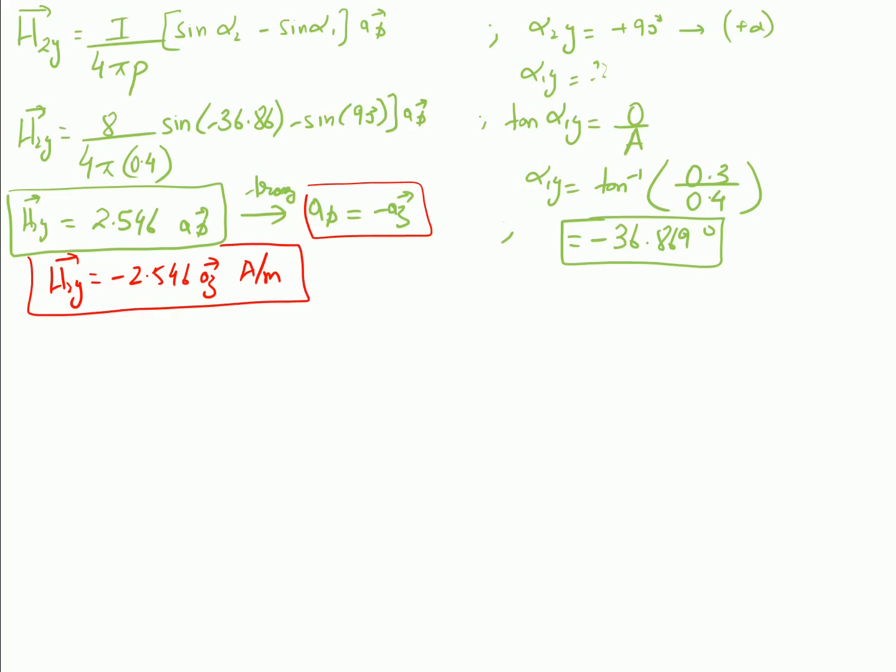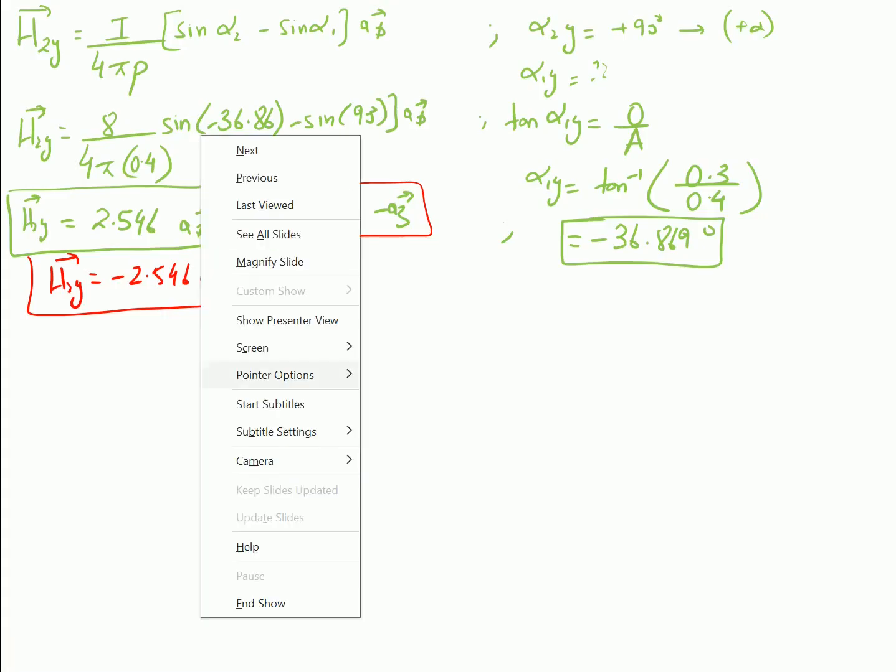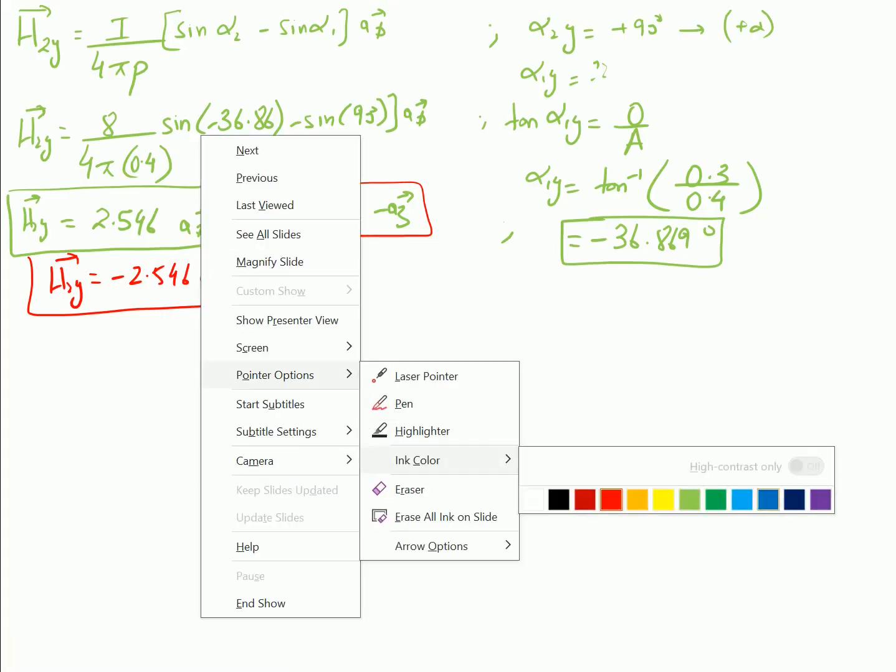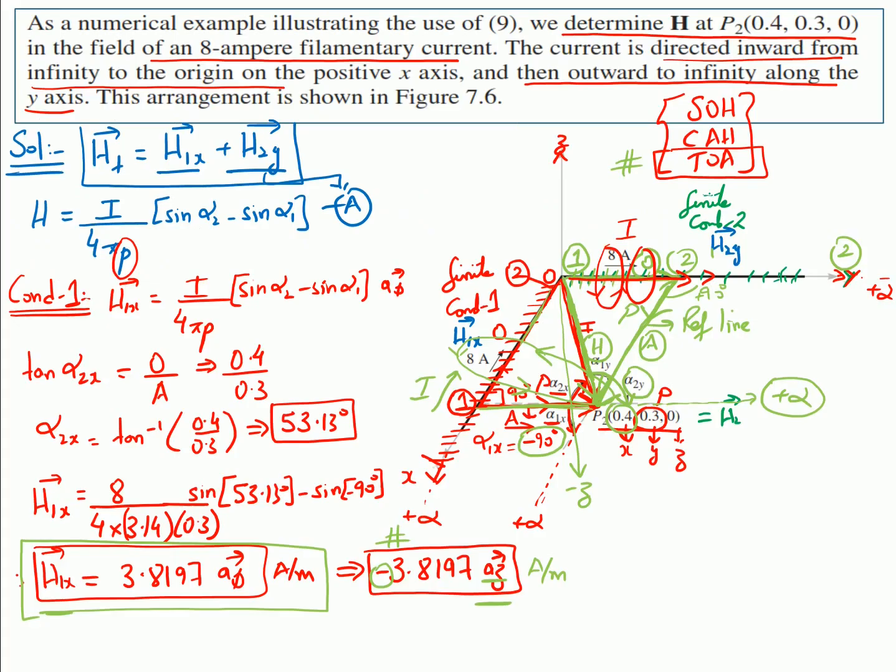Now, once we have both of these solutions, H1 of X and H2 of Y, we can conclude the answer from the first equation. So just add both of them together.